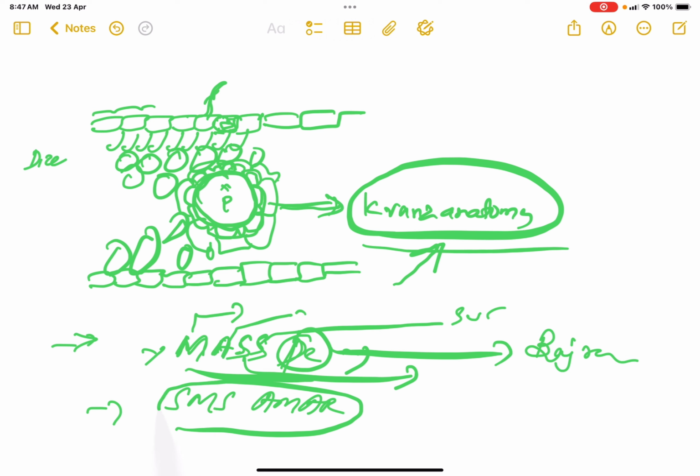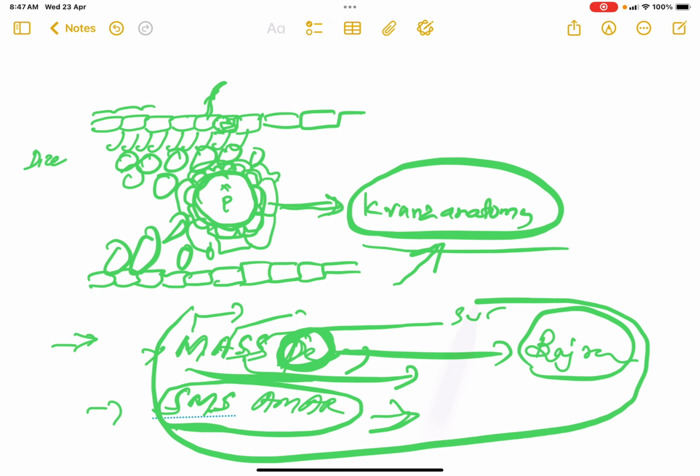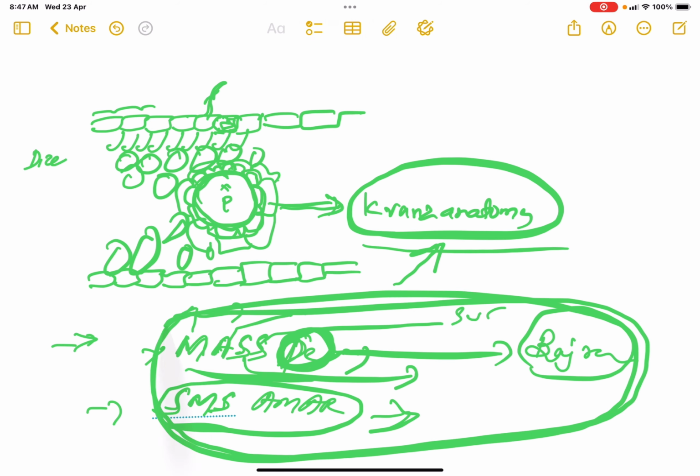Another code is SMS AMAR: S for sugarcane, M for maize, another S for sorghum, and AMAR for amaranthus. Pennisetum or bajra is not mentioned here, so both codes are very helpful to study the examples of C4 plants.